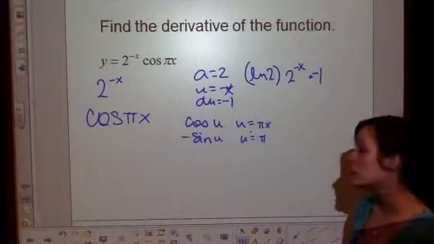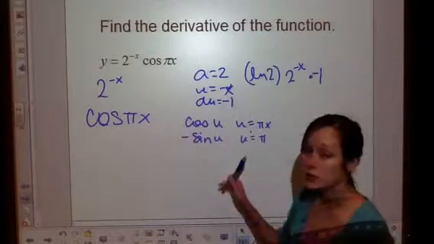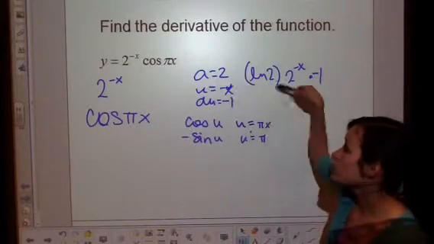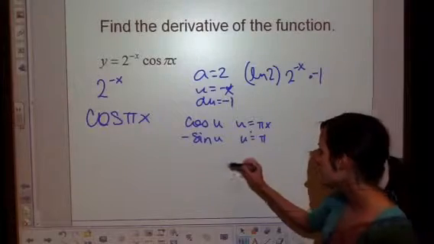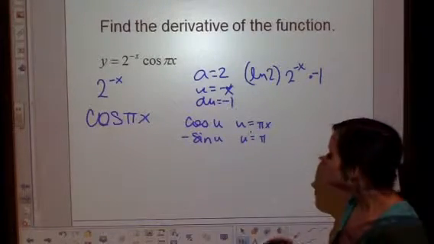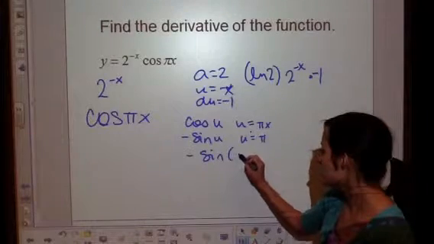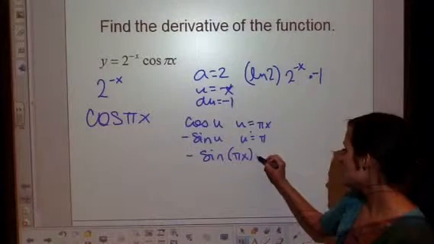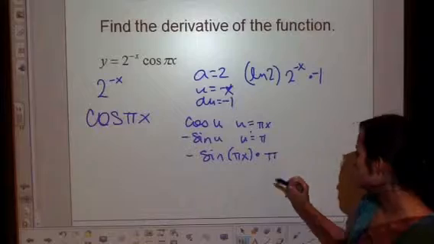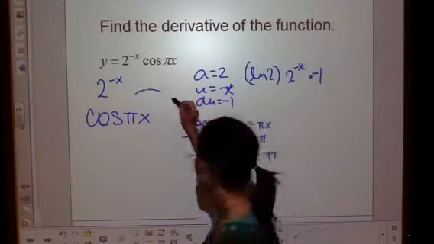So we just used a lot of rules. We used the chain rule right here, we are using the product rule, and we are also using our new rule up there, and we're using the rule for cosine. So we got negative sine of u, which was pi x, times the derivative of u, which is pi. Alright, so crisscross here.